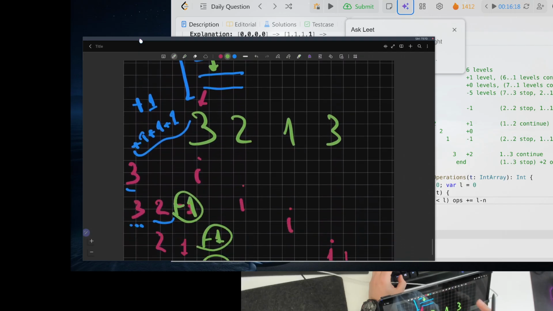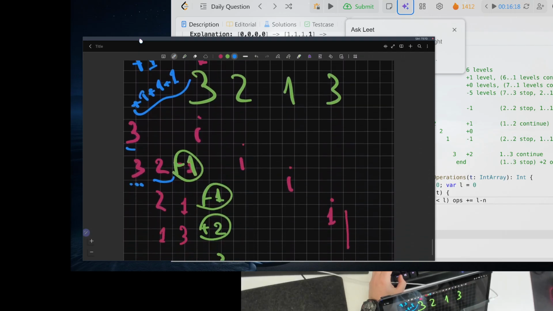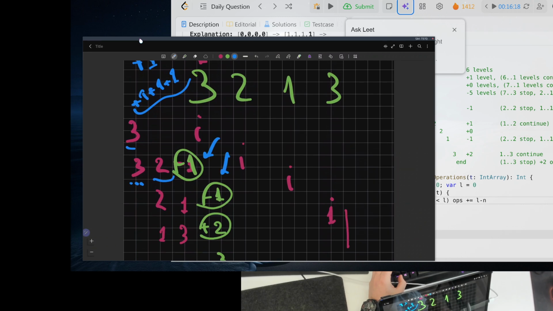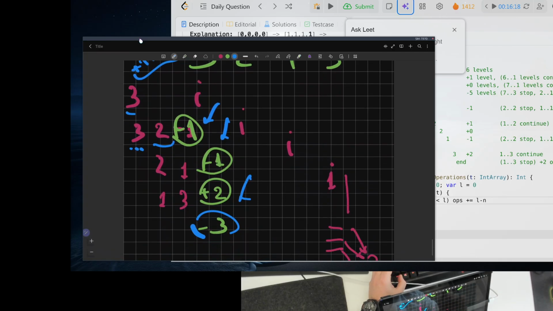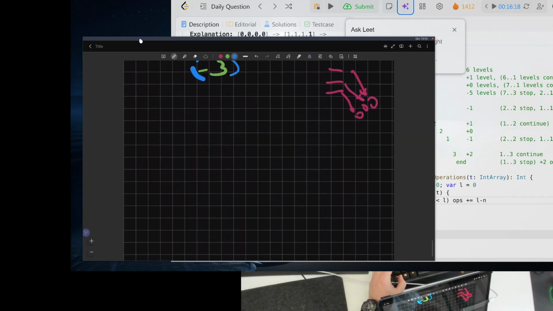So by looking at the numbers that have negative jumps, these are the ends of our arrays, or our islands. Let's look at them again. So we have 3, then 2, then 1, and then again 3. The kind of island is that at each level we can connect these islands. And this is disconnected because it has an absent value. So each island has an end.